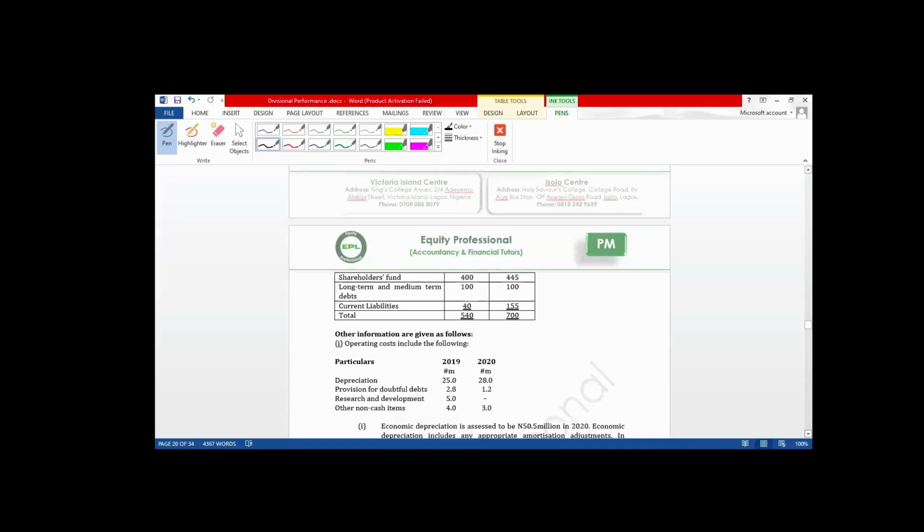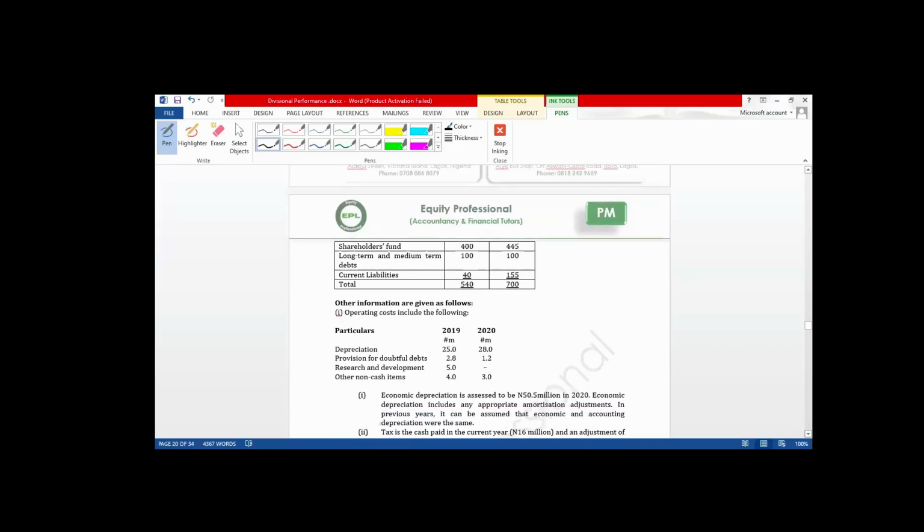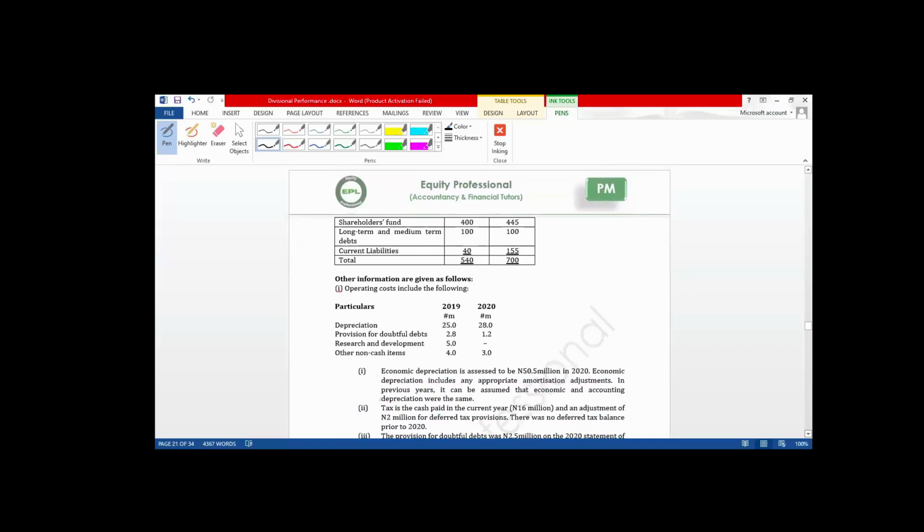Other information. Operating costs include the following: 2019, 2020. You have depreciation. You have provision for doubtful debt.